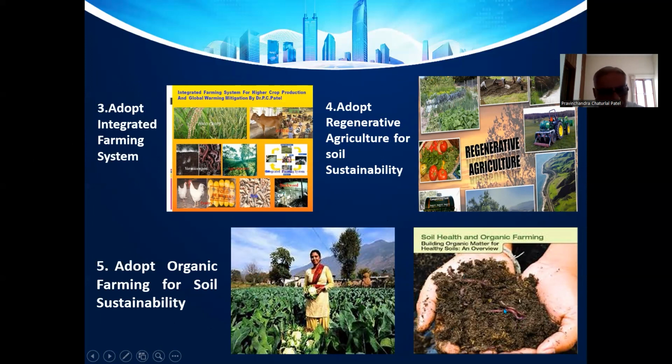So here you can see the earthworm, but at present we do not observe earthworms in the soil because we have killed them by applying excessive doses of chemical fertilizer, herbicide, fungicide, and so on.